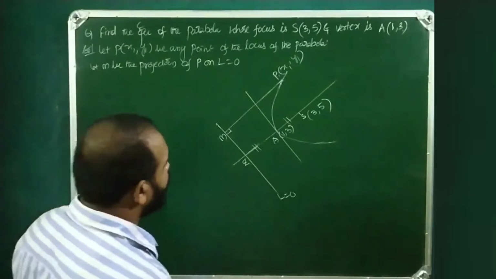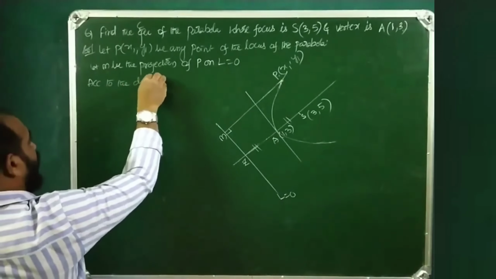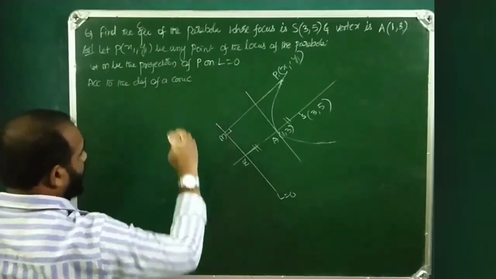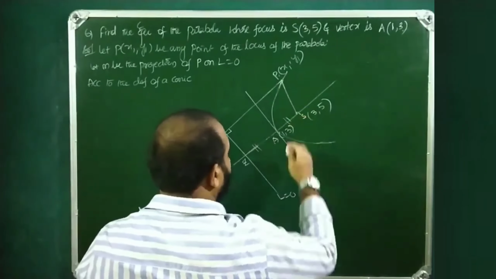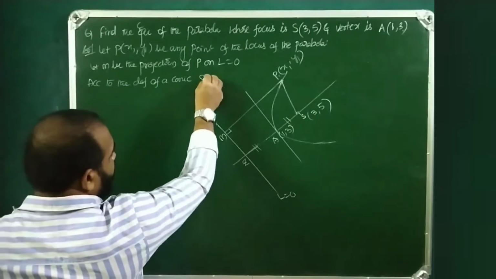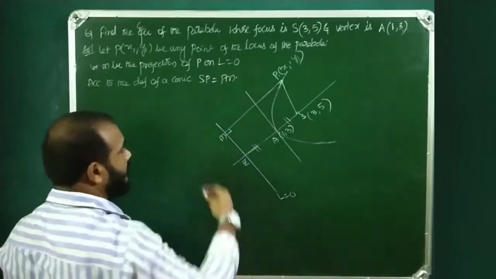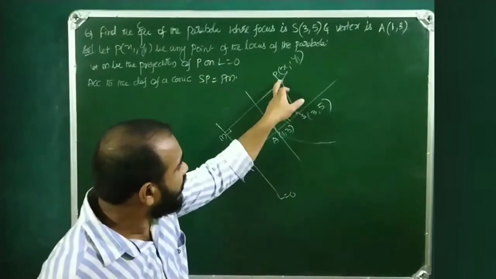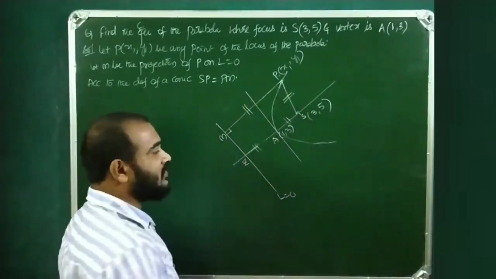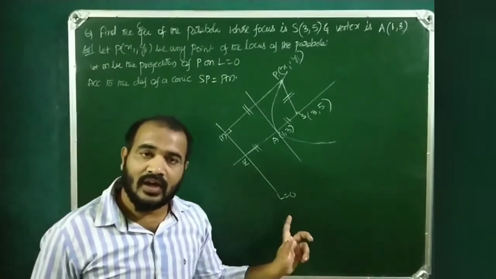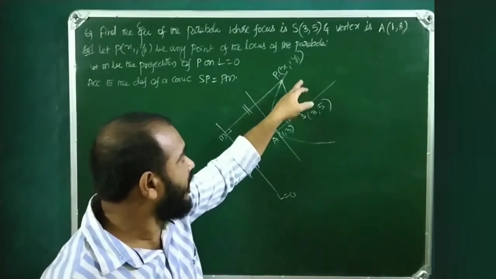According to the definition of a conic, the ratio of its distance from a fixed point, SP, is equal to PM. So SP equals PM, this distance equals this distance, which is the condition for the parabola. SP we can find by the distance formula.